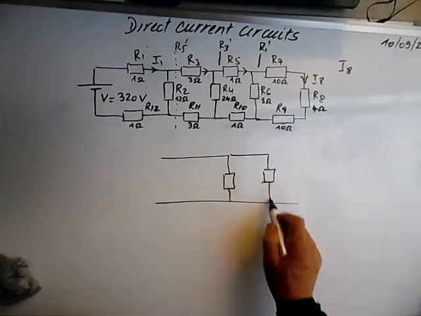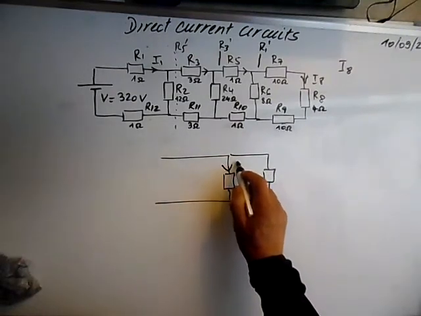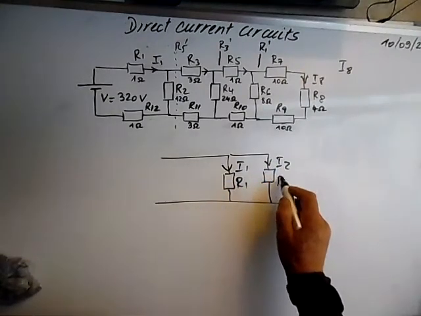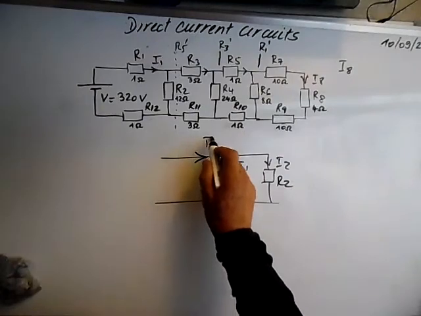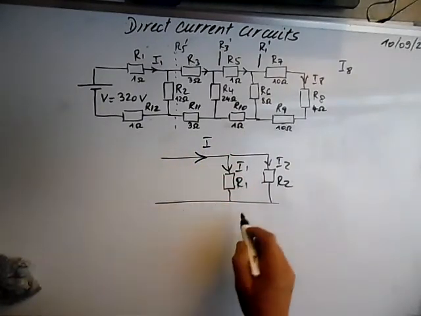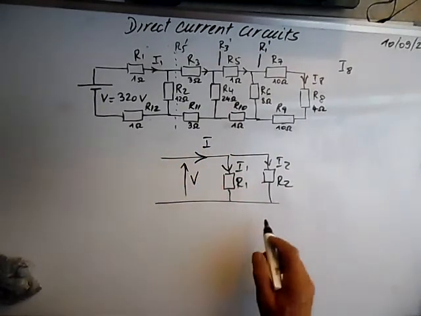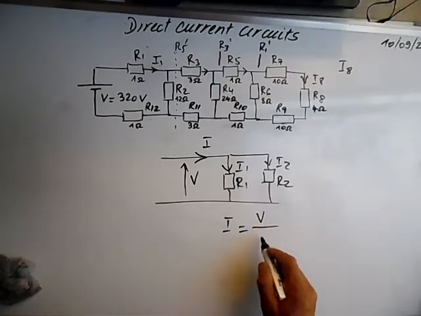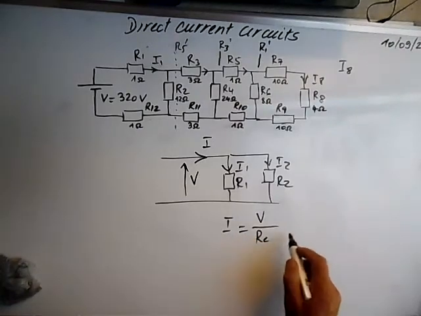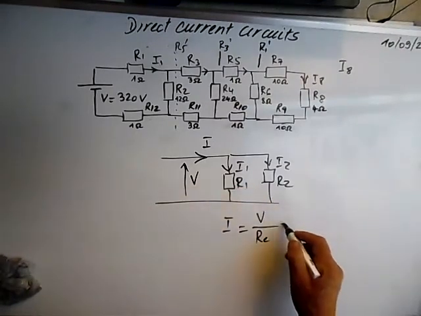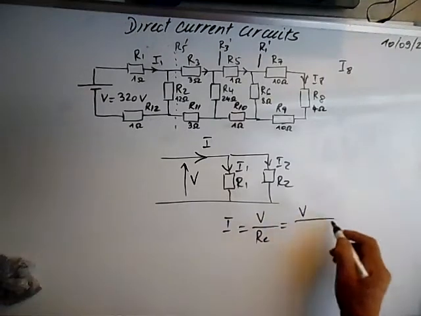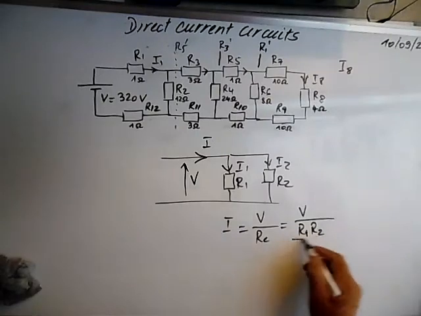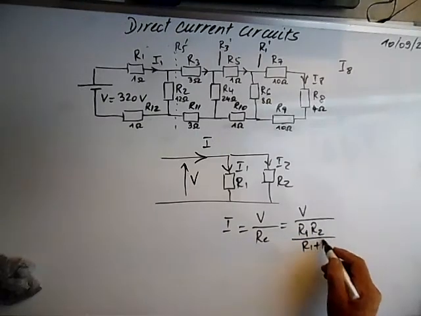If you remember, if you have to calculate I1 and I2 in function of the main current, remember that if we have voltage here, the main current is equal to V over the equivalent resistance of this circuit, so it's V divided by R1 times R2 over R1 plus R2.